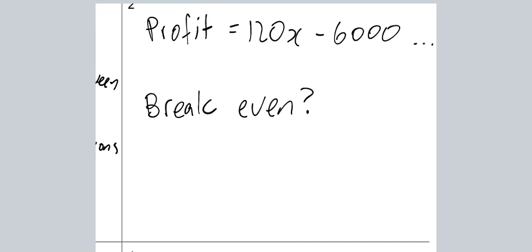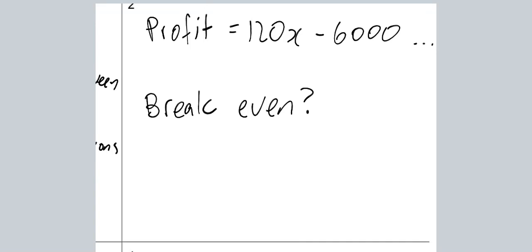So the profit equation is 120x, where x is the number of bunnies sold, small, fluffy toy bunnies. No real bunnies were harmed in the making of this example. 120x minus 6,000. And the company wants to know, what's the break-even point?